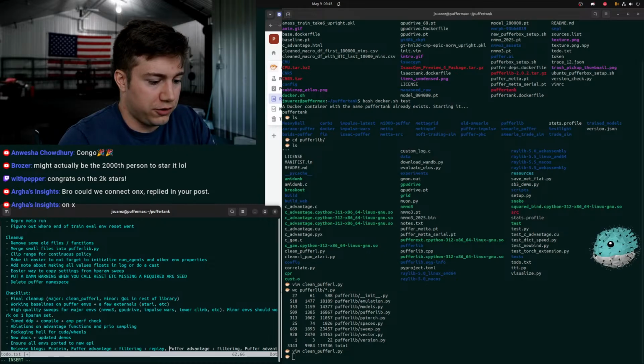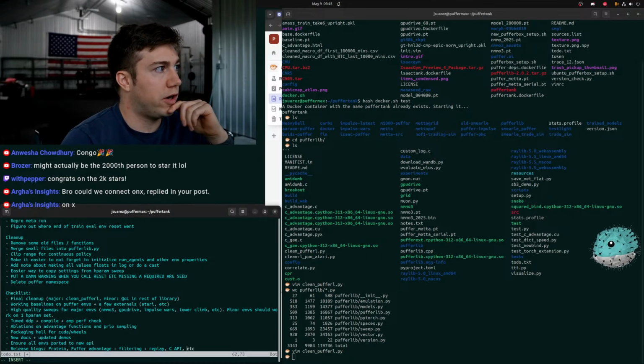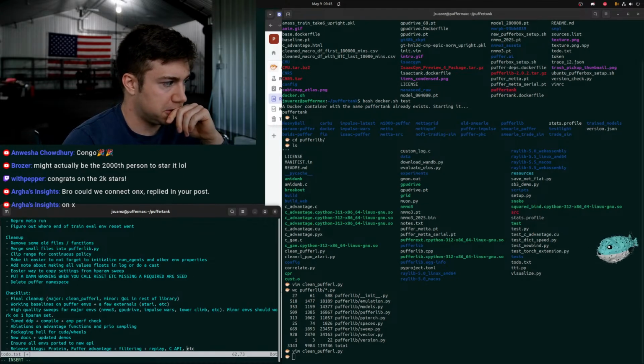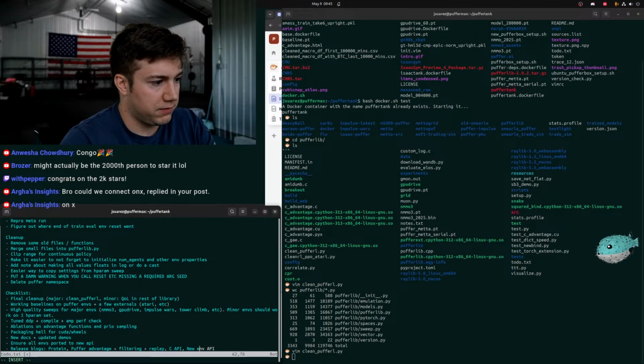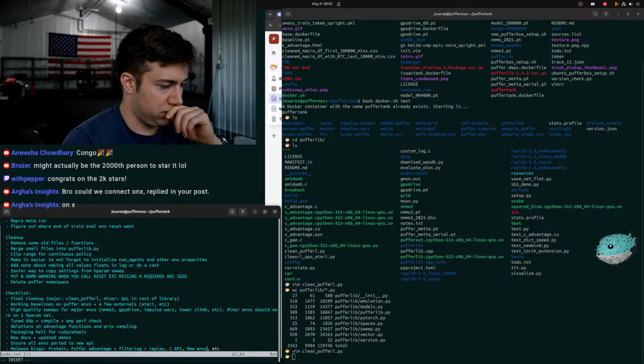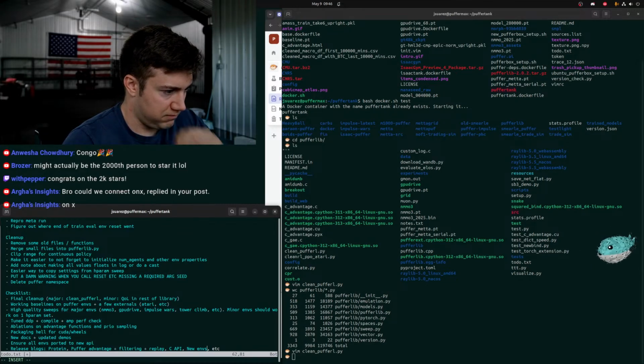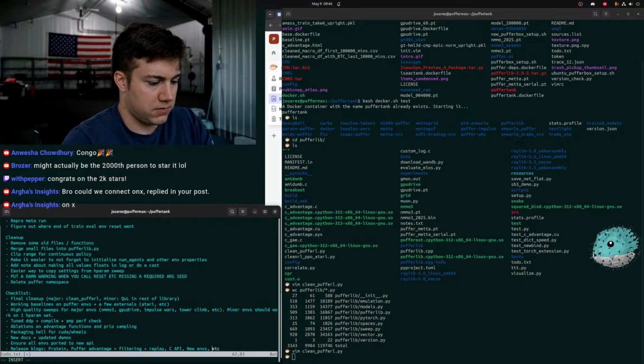Protein, puffer advantage filtering, C API. What other stuff should I put in the release that would be hype? The new M's, obviously. Maybe like a speed run. Something like that.